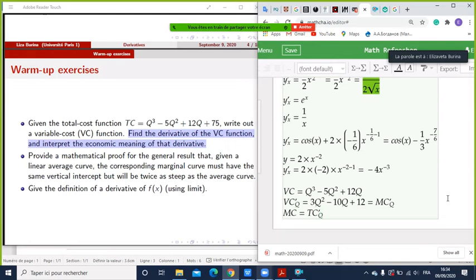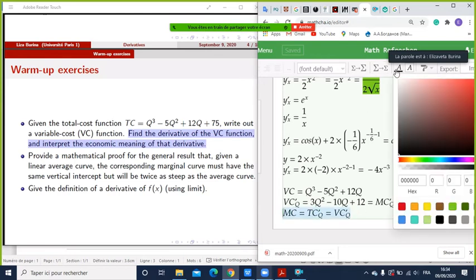But what I wanted to show you in this example is that it is also the first derivative of variable cost with respect to Q. Why? Because total cost and variable cost just differ by the amount of fixed cost. And whenever we take the derivative of something that is fixed, we automatically always get 0. So that will be a 0 for the 75, so it is the same.